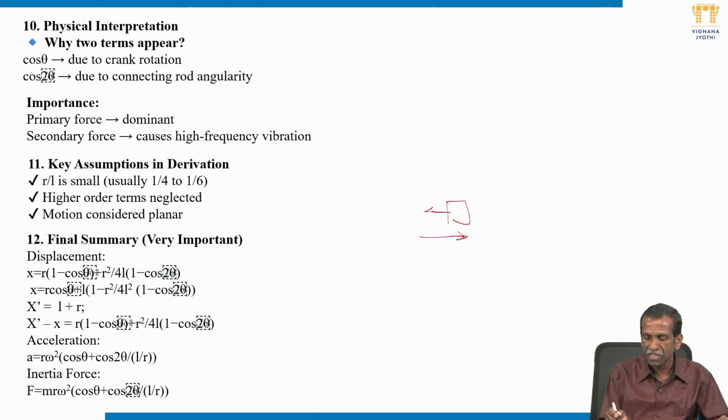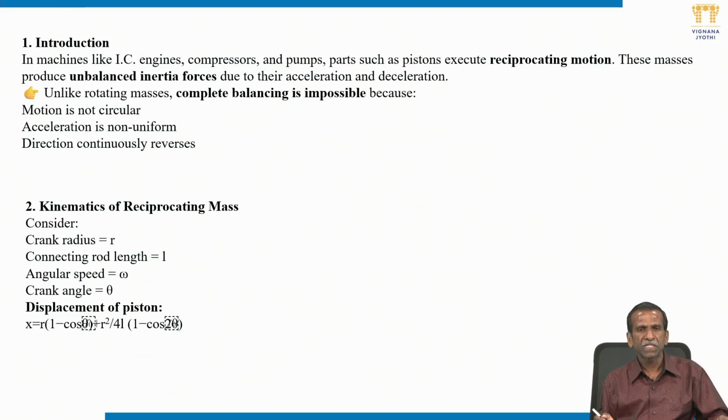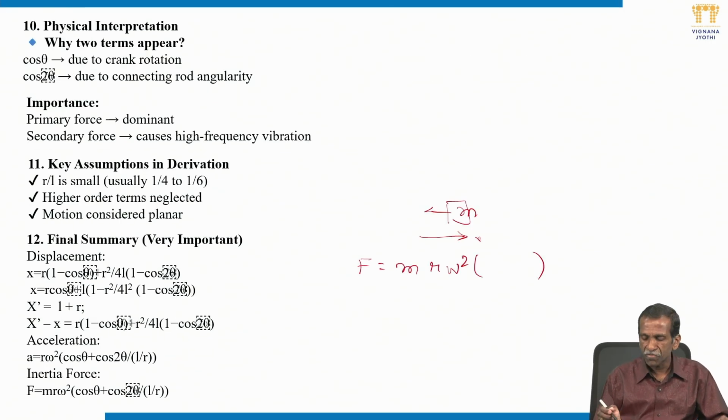Inertia forces, because of the mass of the piston, act in the opposing direction to the positive x direction. That is why we take the inertia force F as mass of the piston into r omega square into this acceleration. As per D'Alembert's principle, the inertia forces plus whatever external forces must be balanced. The acceleration of the piston is in one direction and the inertia force is in the opposite direction.